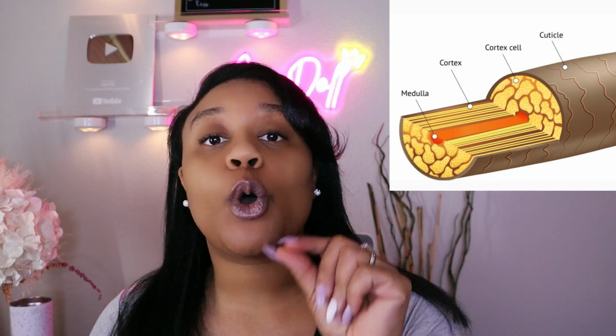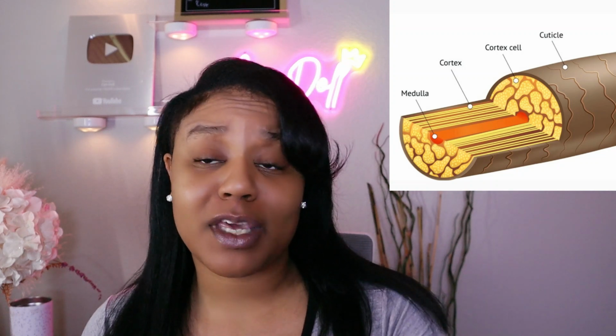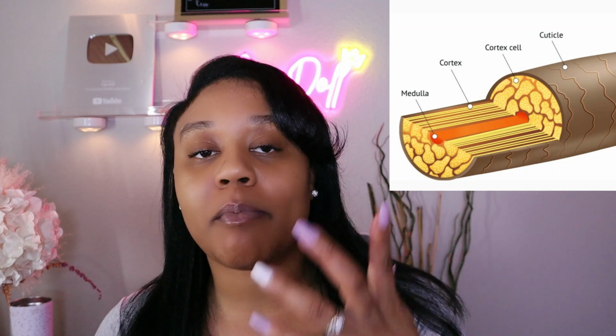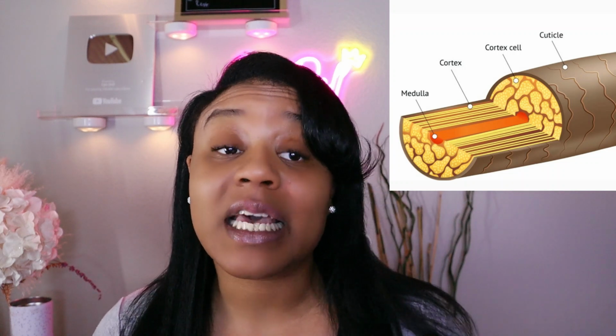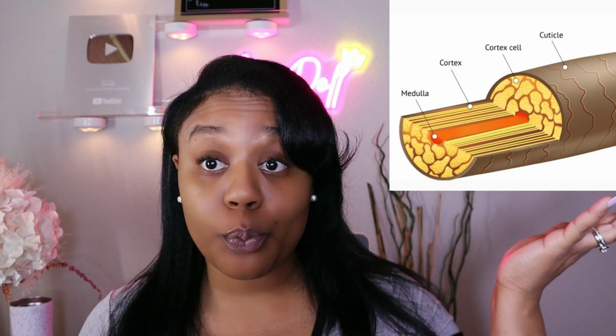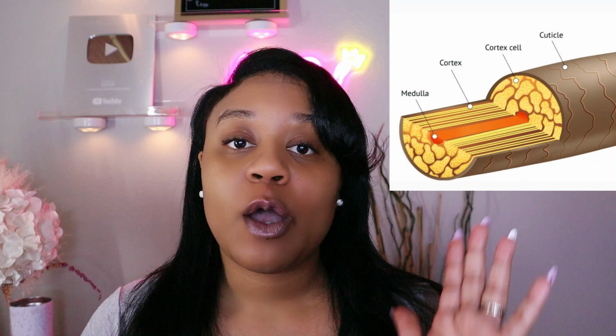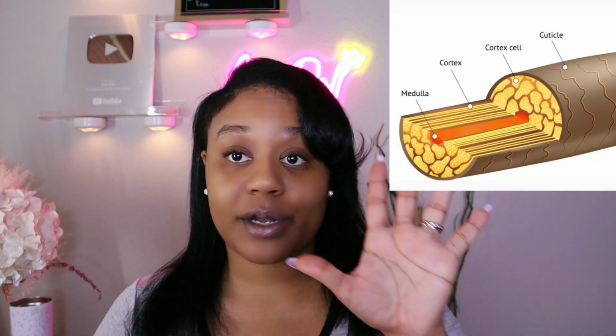That's why I'm so against things like the LOC method, sleeping in conditioner, or having wet hair all the time, because the cuticle of the hair shaft's main objective is to protect. And if your hair is wet, the cuticle's open. It cannot do its job if your hair is wet. You are not helping your hair in any way, shape, or form by wetting it on a regular basis. But I digress. We'll keep going.